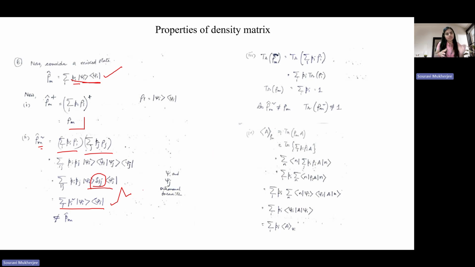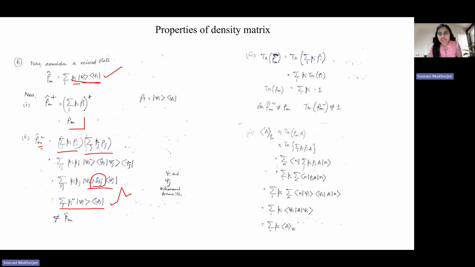For a pure state, rho squared should be equal to rho. For a mixed state, rho squared is not equal to rho. That's a very mathematical way of looking at it. Physically, when you know with 100% probability that your system is in this state, it is a pure state. If there is an ambiguity, so that it can be in certain states with certain probabilities, then what you are describing is a mixed state.